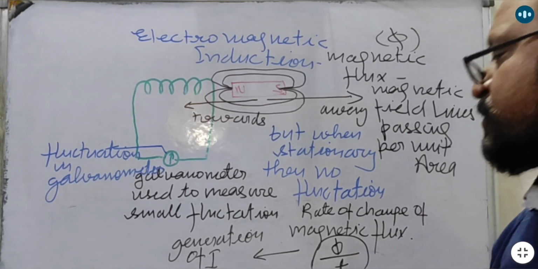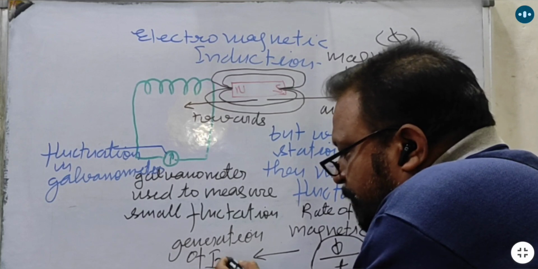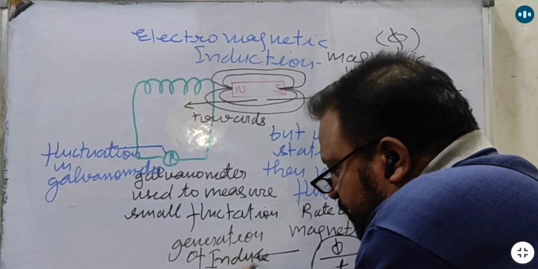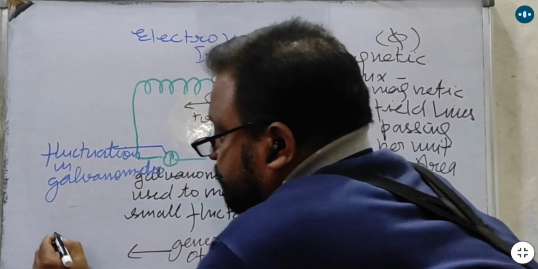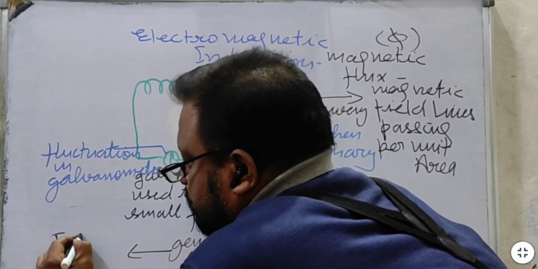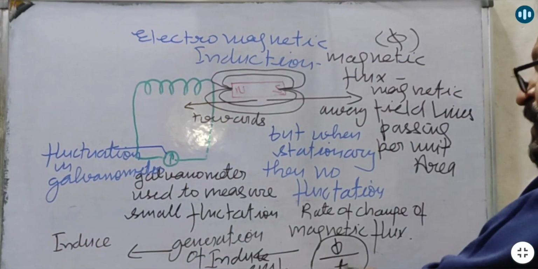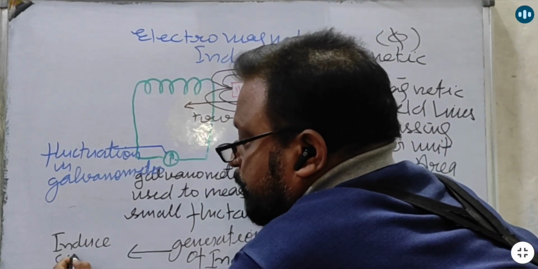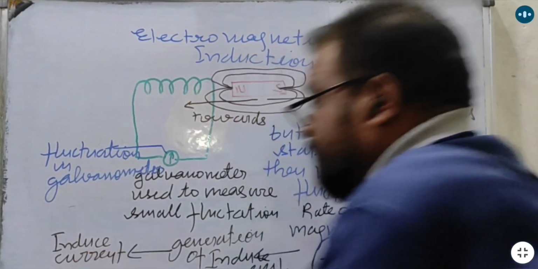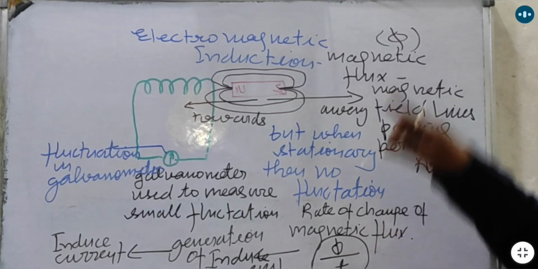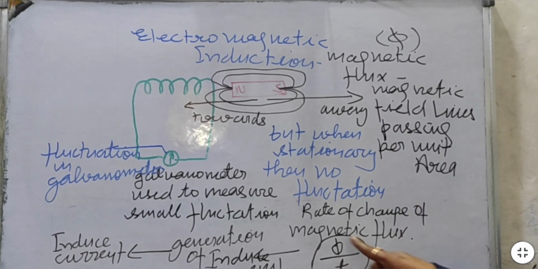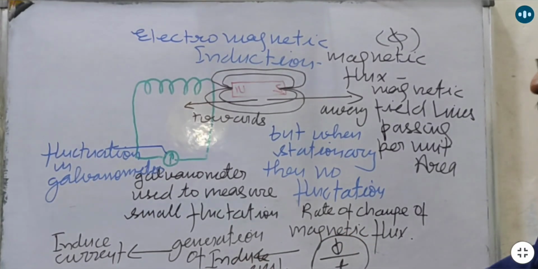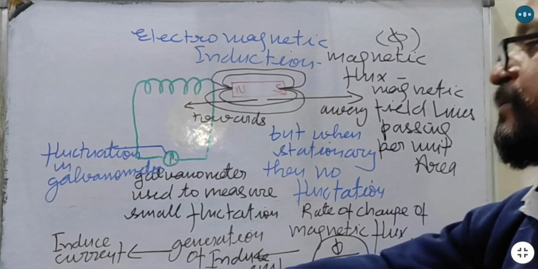This is responsible for generation of induced EMF, which leads to induced current, right? Phi upon t, where t is time.